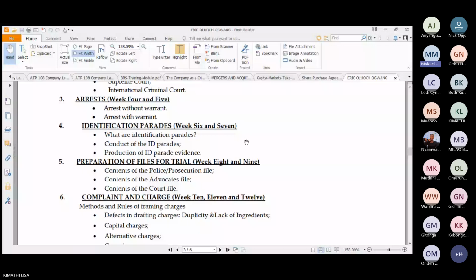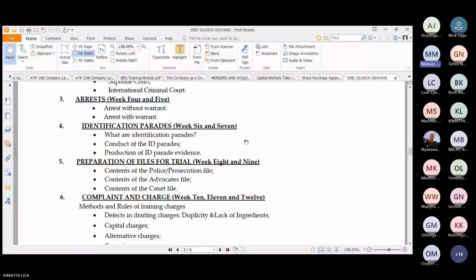Nevertheless, try as much as possible to see what you will do about the contents of the police/prosecution file. The advocate's file is really, really straightforward. If you have those notes, you will be able to comprehend them. They are not as complex as those in the prosecution or the police file.